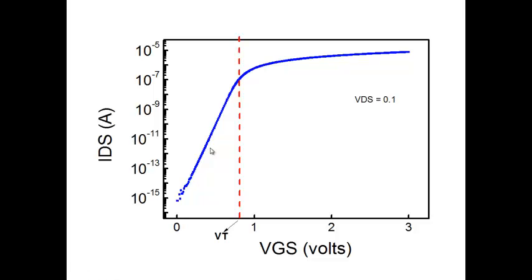Now, why do you want VT to be low? Well, for a number of mobile applications, you want to operate at 1.5 volt, or even 1 volt. If you have a VT of 0.8 and your supply voltage is 1 volt, you have only 0.2 volts over VT. You won't get enough current. So as you reduce the supply voltage, you have to shift towards lower VT.